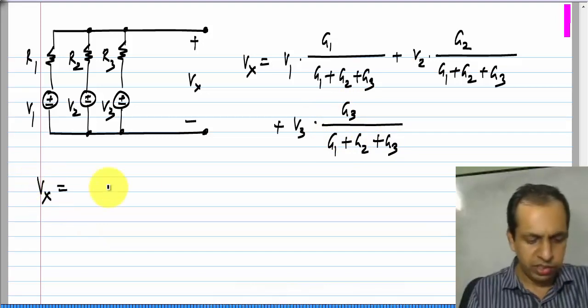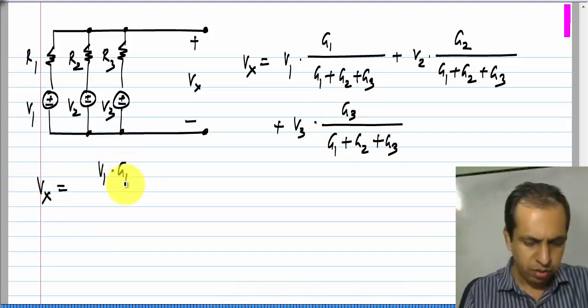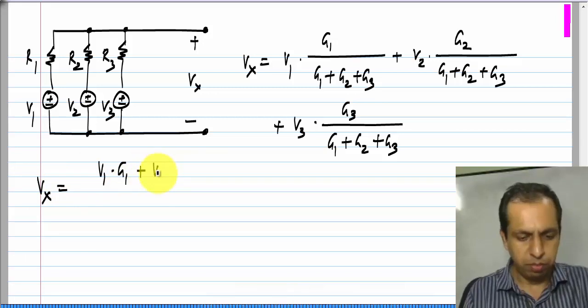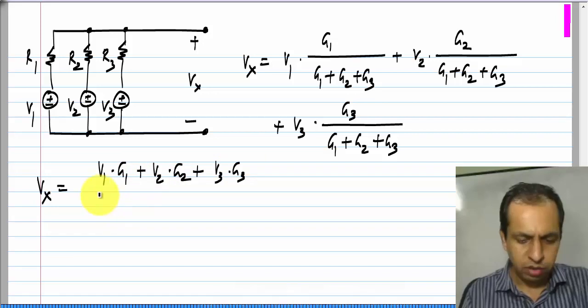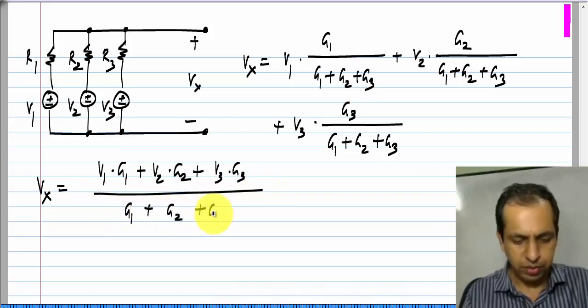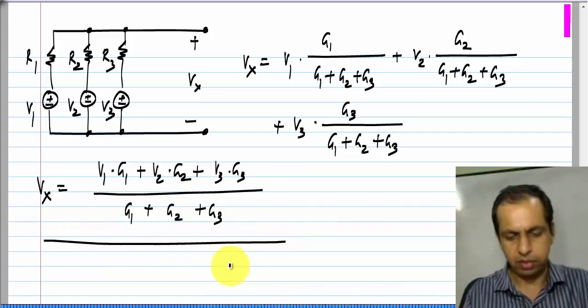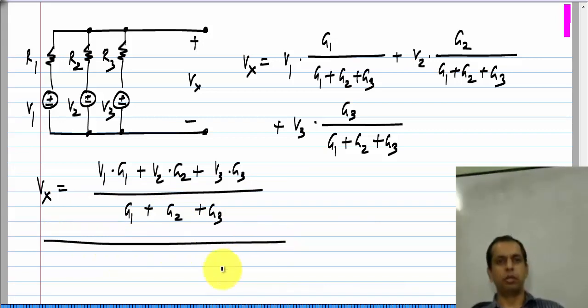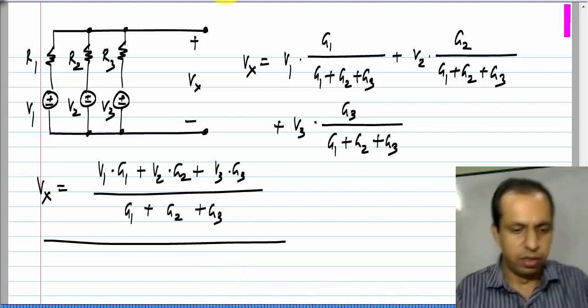In other words, V x in this case is V 1 times G 1 plus V 2 times G 2 plus V 3 times G 3, divided by G 1 plus G 2 plus G 3. Okay. So, quite a simple formula, and you can generalize this if you have a number of more sources.